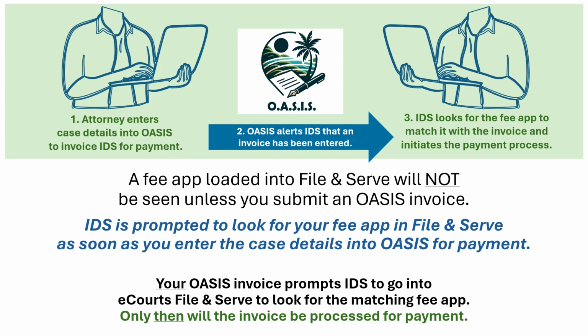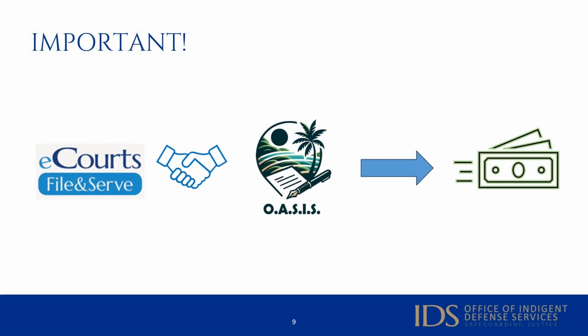This slide places emphasis on how IDS knows to match a FIAP with an invoice. In OASIS counties, a FIAP without an invoice simply cannot be paid. Whenever an eCourts county begins using the OASIS invoice system, it is not optional for PAC who are billing for non-capital adult criminal casework.